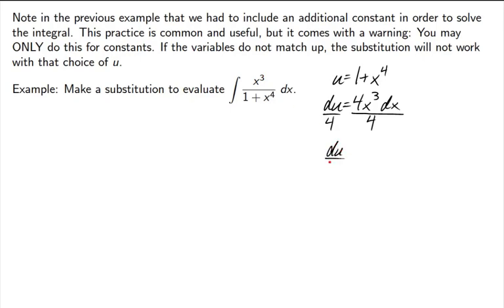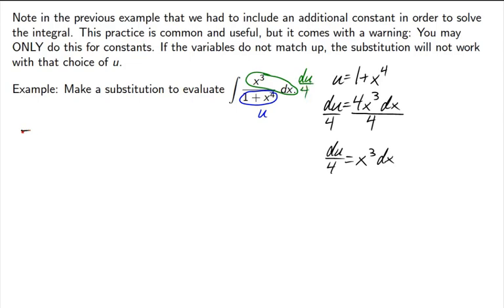I get du over 4 equals x cubed dx. So now let's highlight some things. This is my u, and again, the x cubed needs to come from the numerator. So this will become du over 4.